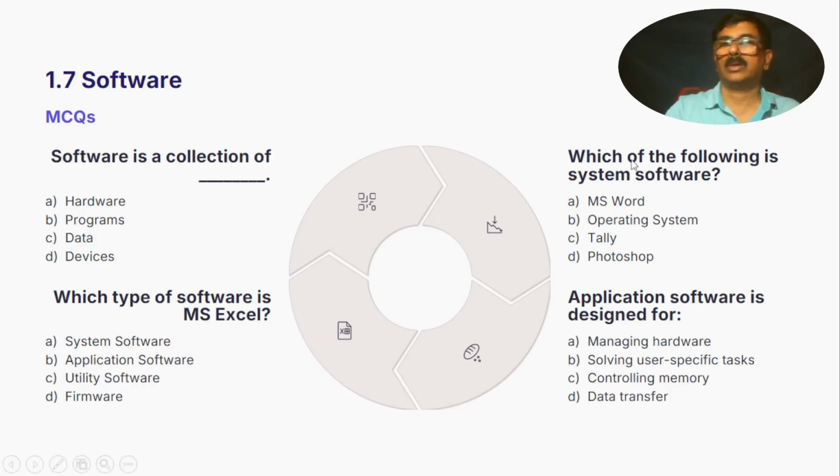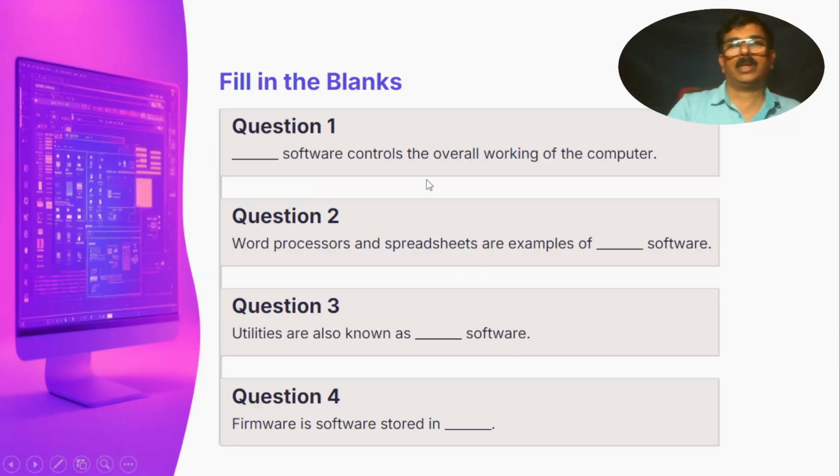Which of the following is system software? MS Word, operating system, Tally, Photoshop: operating system. Application software is designed for solving user-specific tasks. Fill in the blanks: dash software controls the overall working of the computer: operating system software, or system software.